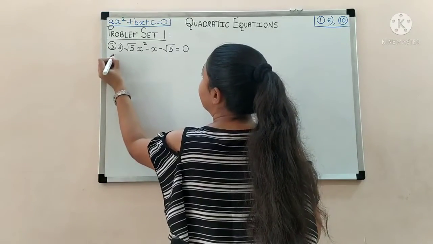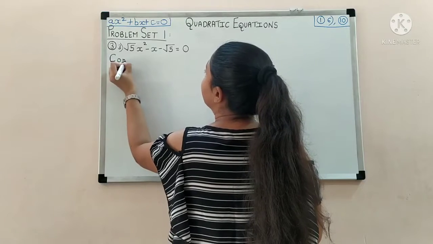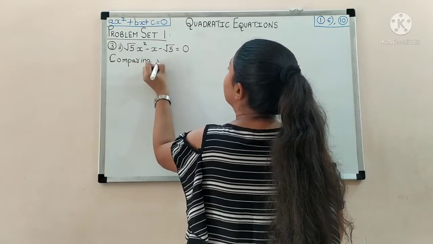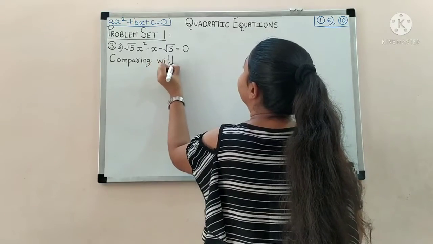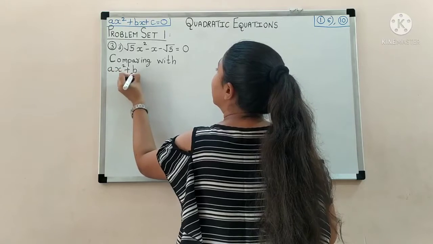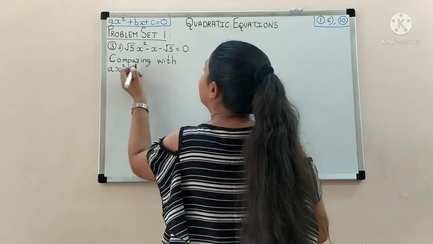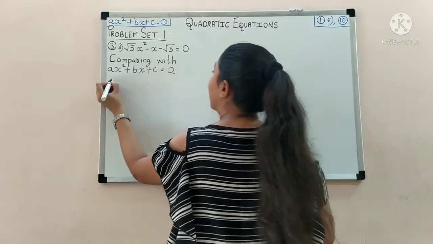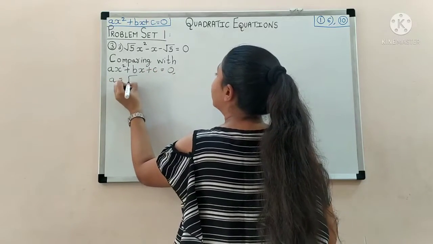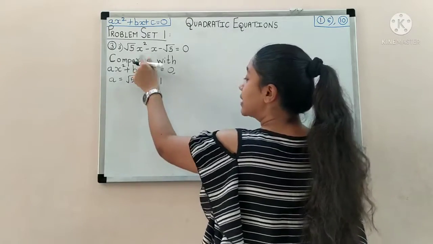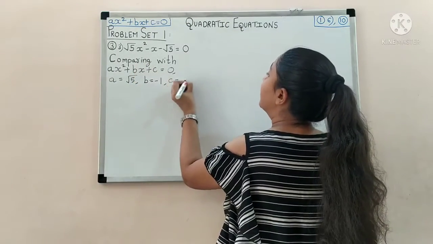So you will write, comparing with ax square plus bx plus c is equal to 0, the value for a would be root 5. For b it will be minus 1 because here it is minus, and for c it will be minus root 5.